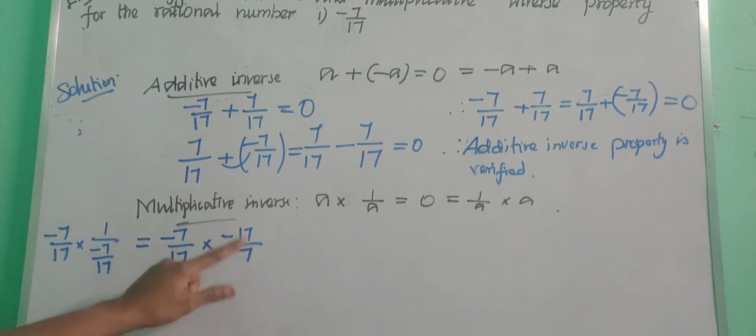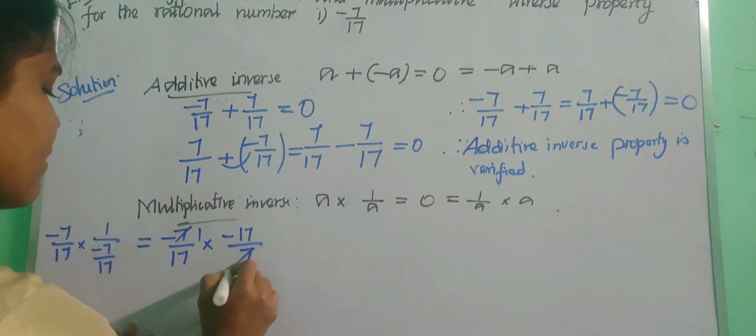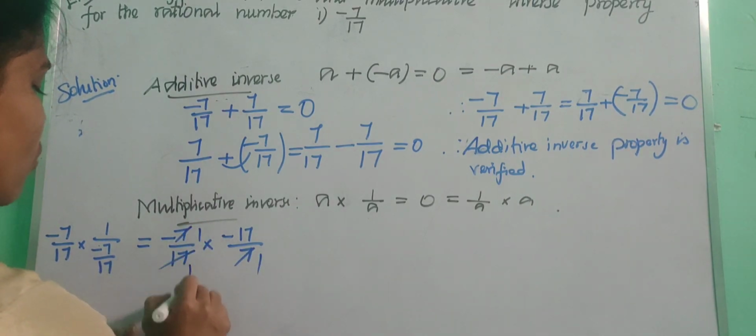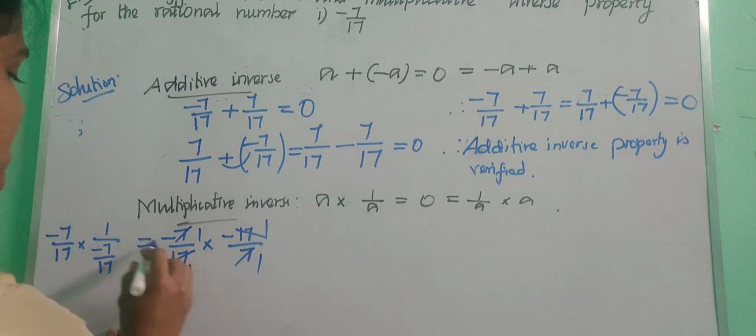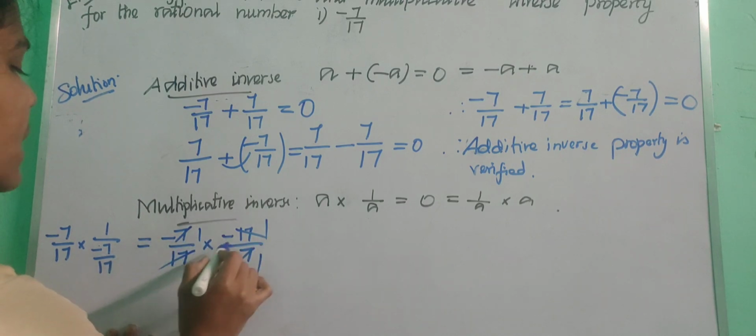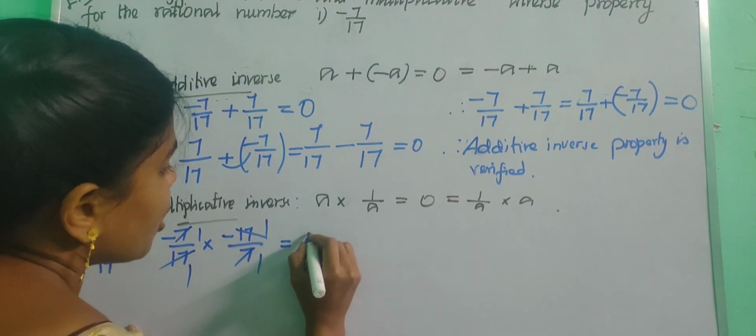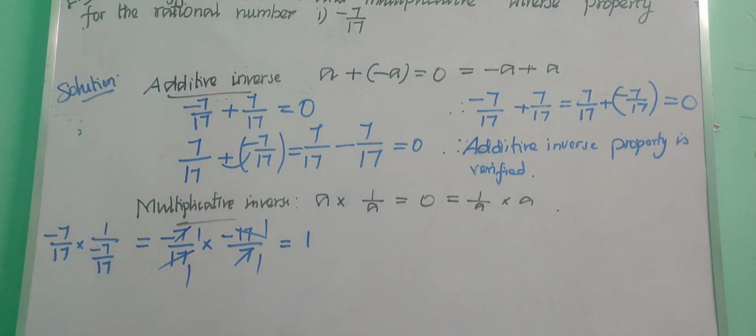So that minus 17 upon 7. Okay children, so now 1 7 is 7 and 1 7 is 7. Here 1 17 is 17 and 1 17 is 17. So what will you get? Minus 1 into minus 1. So what will you get? 1. Okay children, so we got the first one, okay. So minus 7 upon 17 into 1 upon minus 7 upon 17 equal to 1.